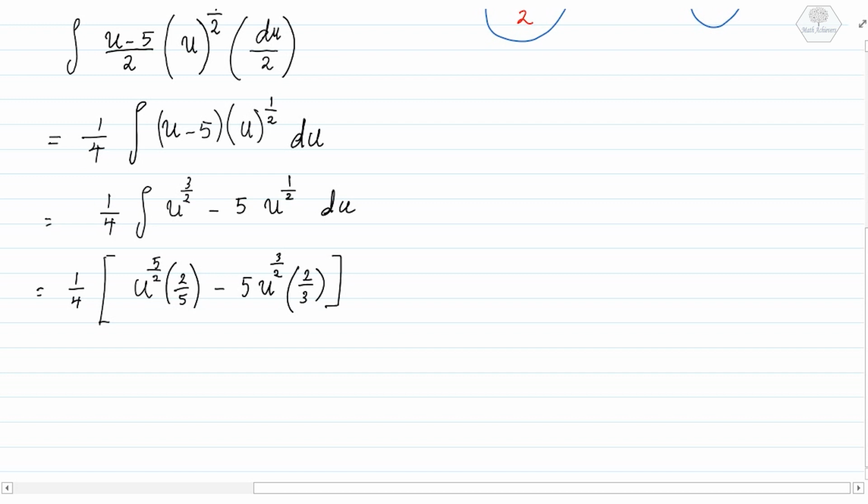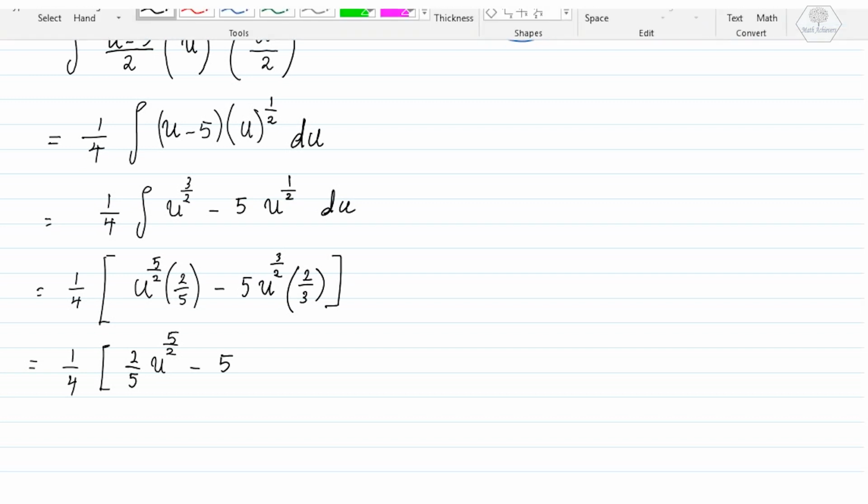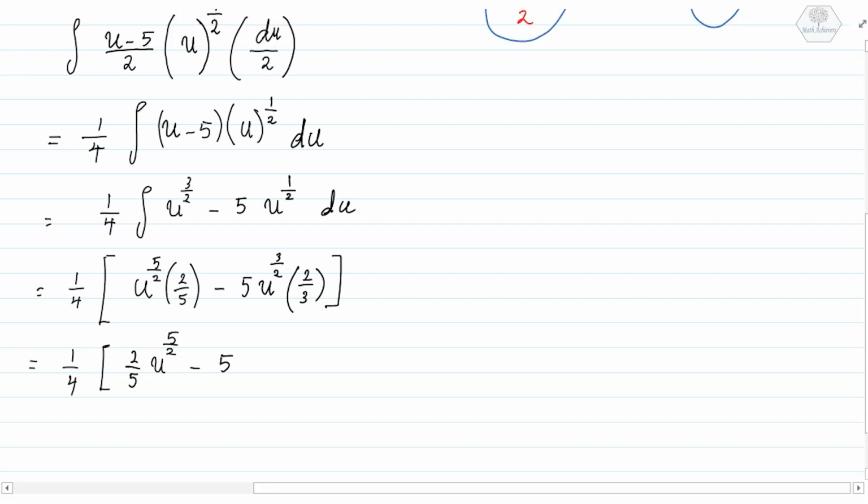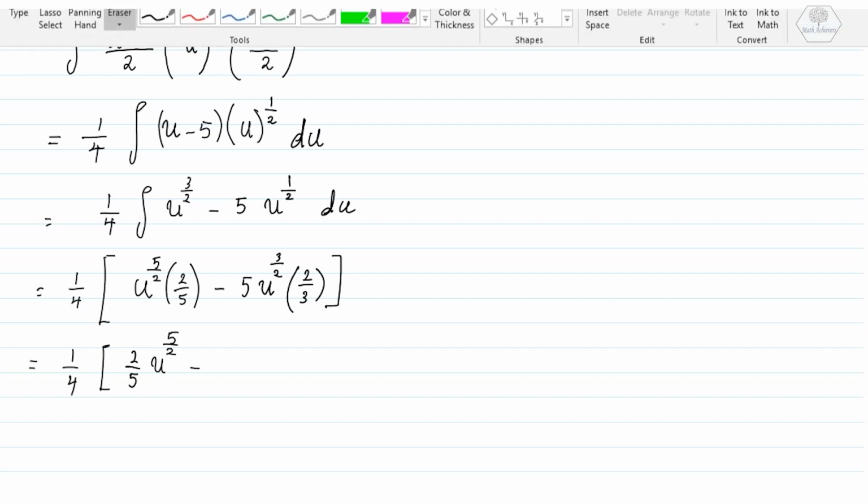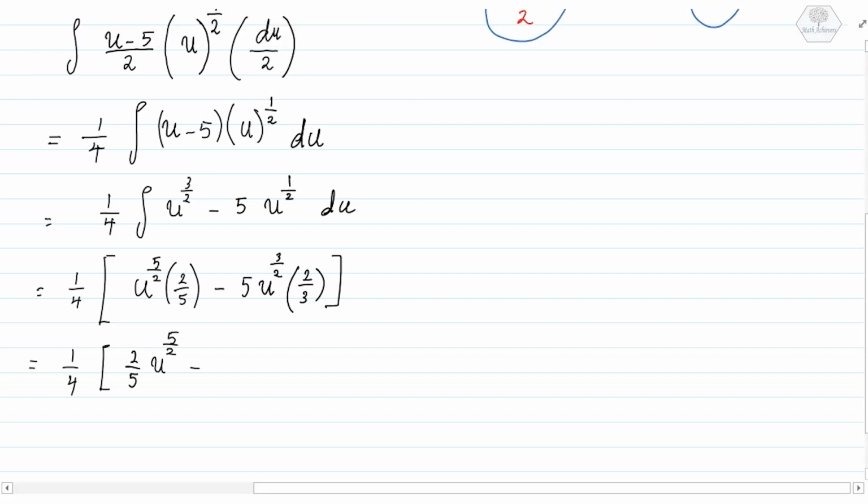Now I have 1 over 4 times 2 over 5 u to the power of 5 over 2 minus 5. I'm sorry, which is, I can multiply by the 2 over 3 here. Let's erase it. 5 times 2, which is minus 10 over 3 u to the power of 3 over 2.